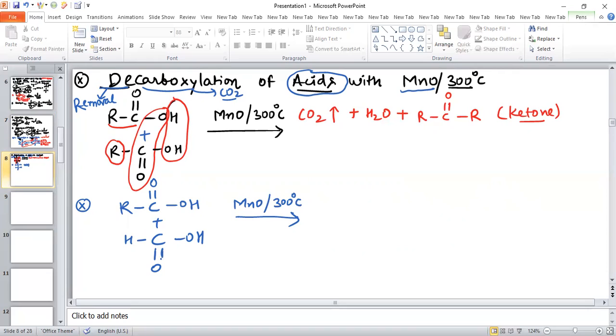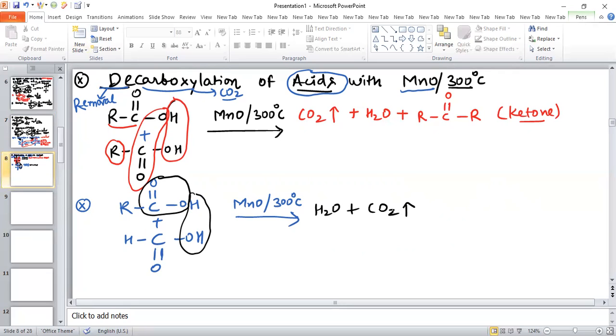Now what happens? You can see this water is removed, so H2O is removed, and also CO2 gas is removed, because this is a decarboxylation reaction.